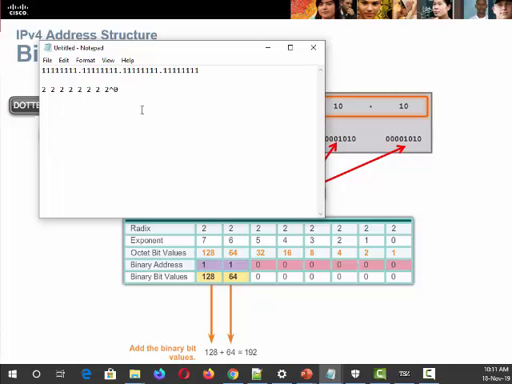This one is raised to power 0, this one to power 1, power 2, power 3, power 4, power 5, power 6, and the last one is raised to power 7.